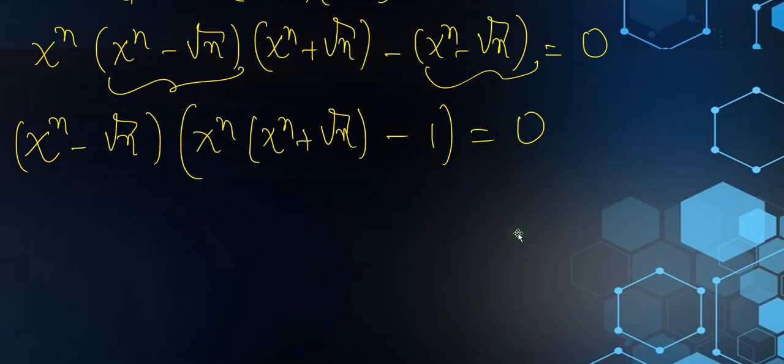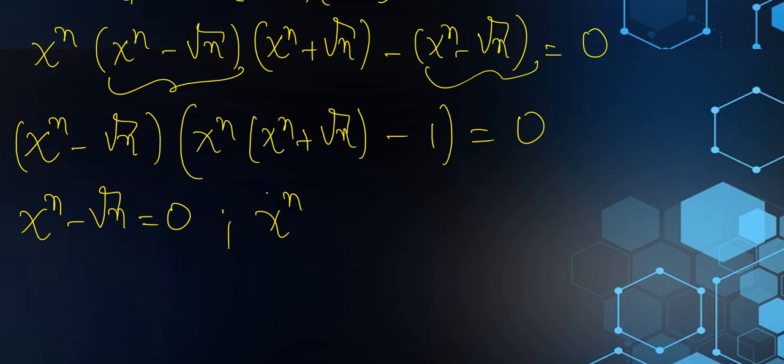From here, we have x to the n minus square root of n equals 0, and this other factor, x to the 2n plus x to the n times square root of n, and then minus 1, is also equal to 0.